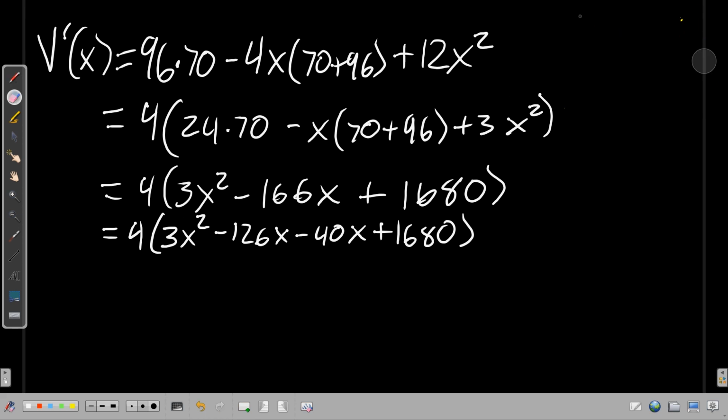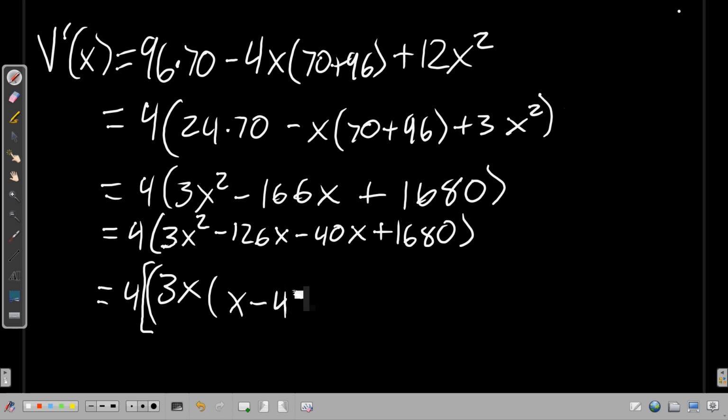Okay, so now factor by grouping. I will look at these two factors and see what they have in common. 126 does have a factor of 3. It's 3 times 42. So from these first two factors, I'll factor out a 3x. And then what's left is x minus 42.